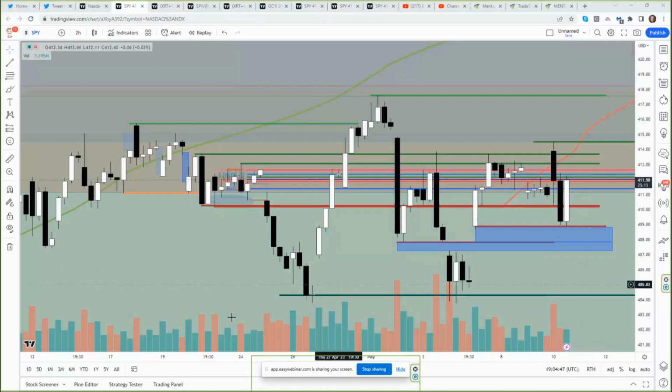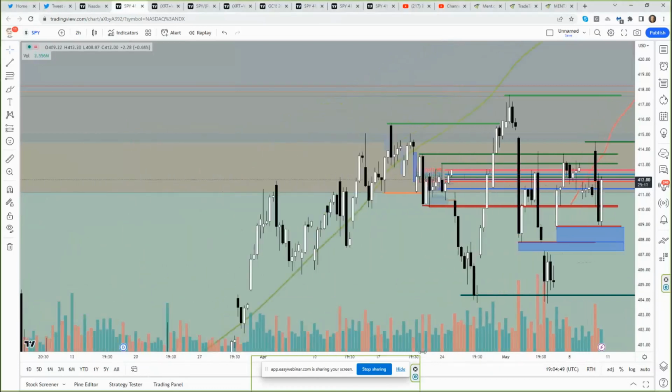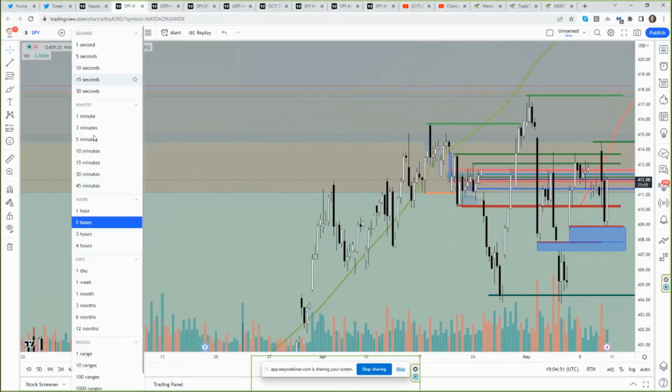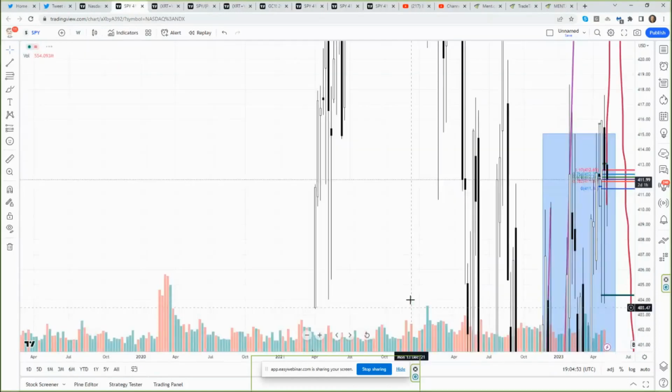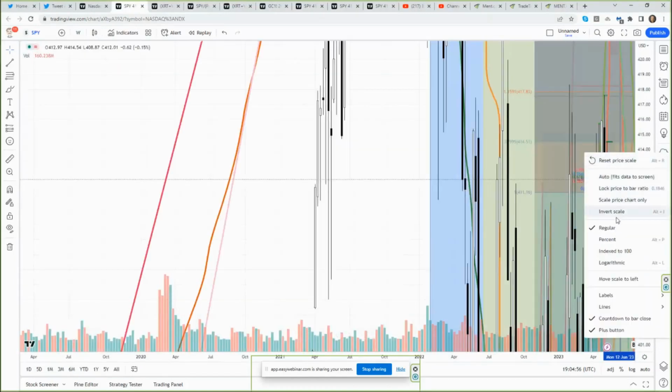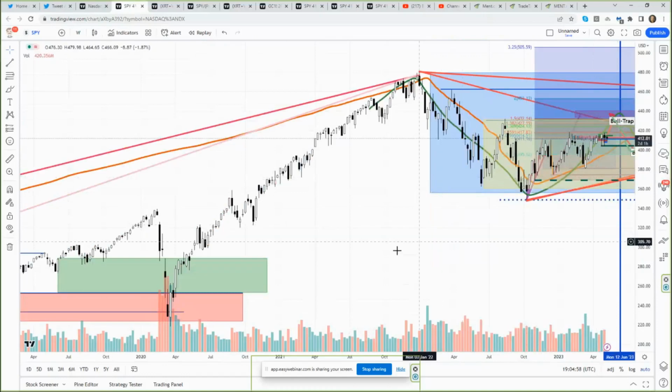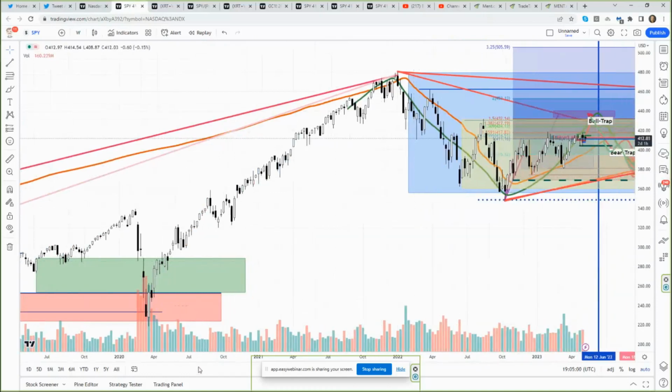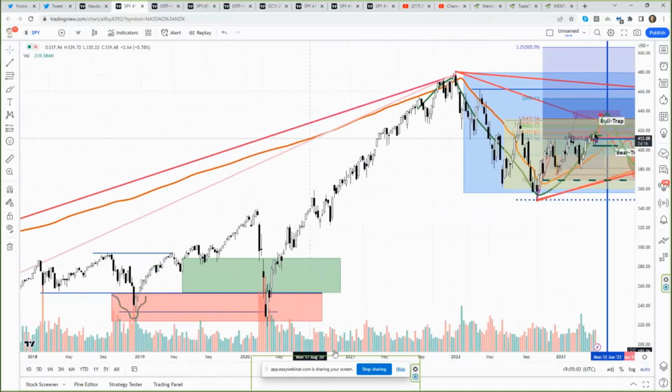So let me come back over here, shrink this out, and move this to weekly. I want you to try to understand my thinking related to a hard landing versus a soft landing.